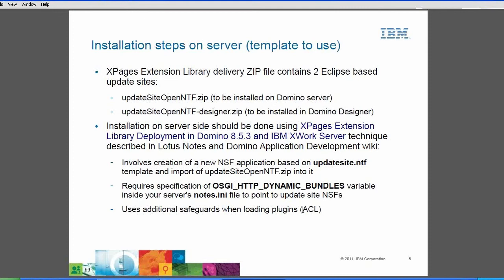This one is required to be installed on the Domino server side, and another zip file, called update site openntf designer, is to be installed on Domino Designer. First I will cover the installation steps involved on the server side, and later I will cover the client side.